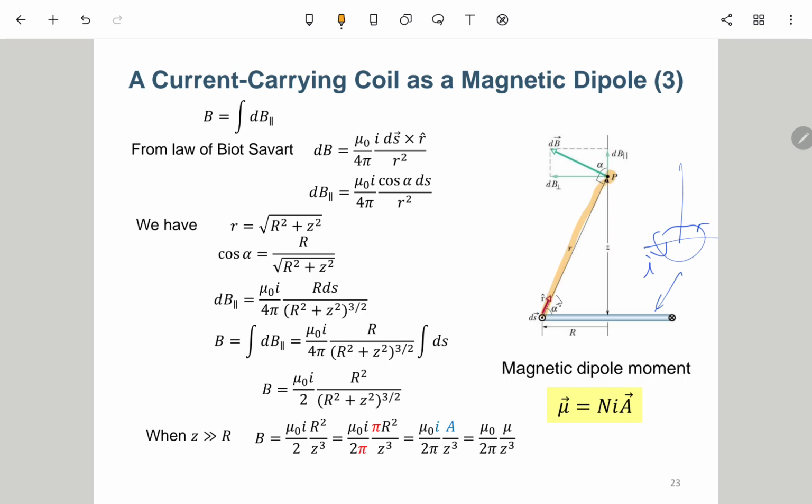We should also know the direction. Of course we should use the right hand rule. The cross product is ds cross r hat. So you use your forefinger pointing out of the page and then cross it to the top right.